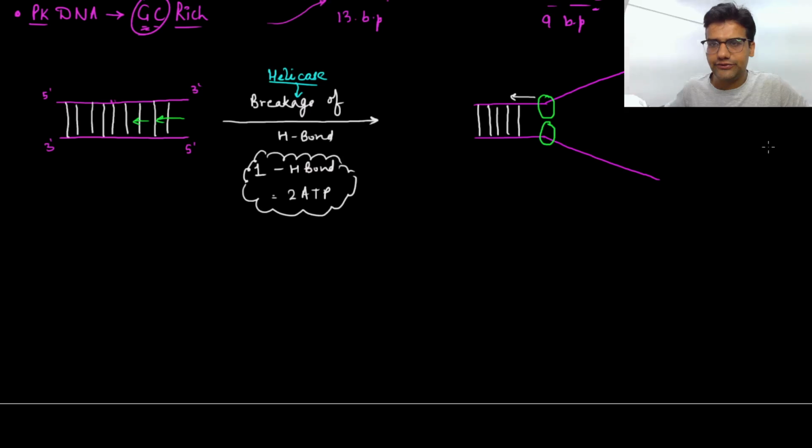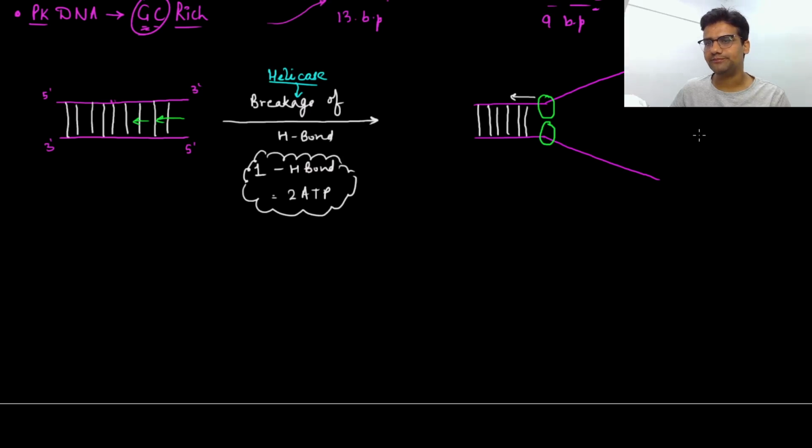So now, with these two strands apart, the DNA polymerase at least can come and start the process of DNA replication. You know the DNA polymerase. DNA polymerase means an enzyme which is going to replicate the DNA.